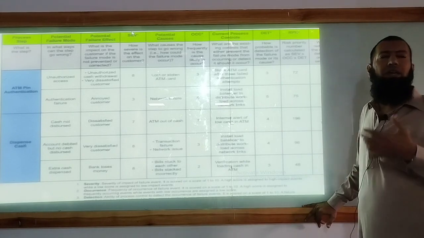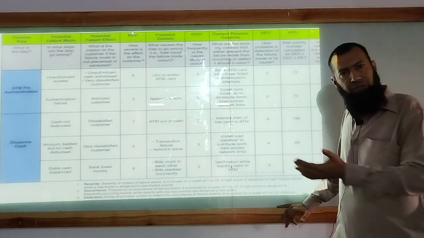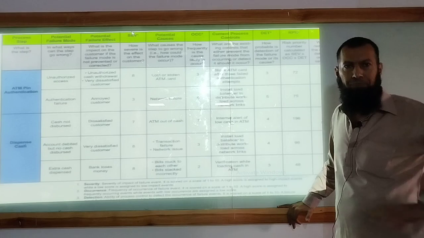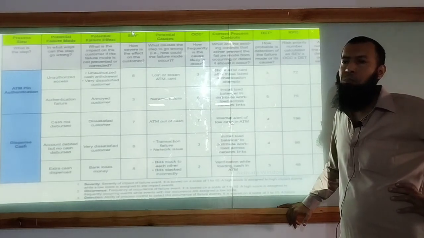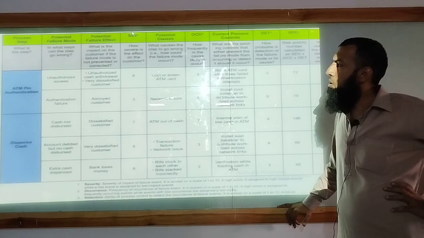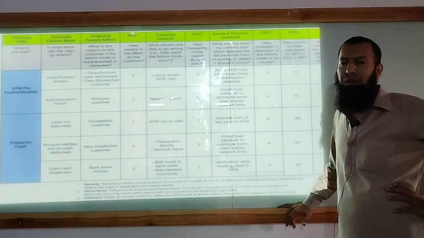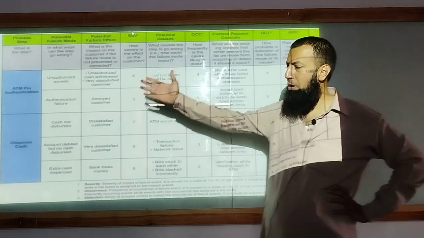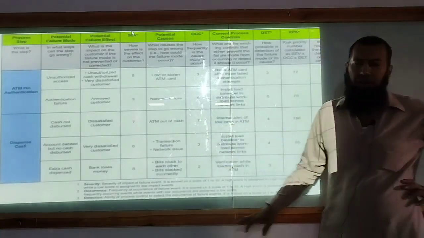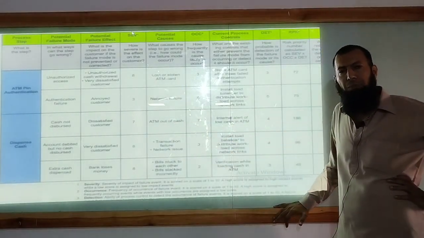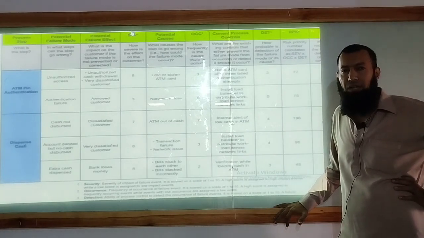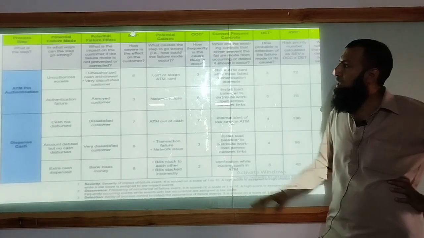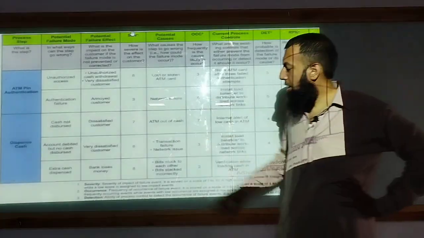You can give another example but the procedure must be the same. Scoring though you can change as per the problem, like it's an ATM pin authentication. If there is another process step you are working with, you can change the numbers. The number is the severity, how severe the problem is. So you see 8.